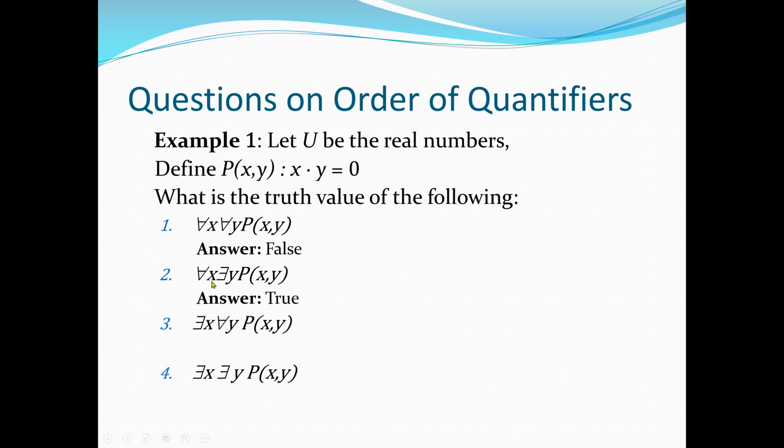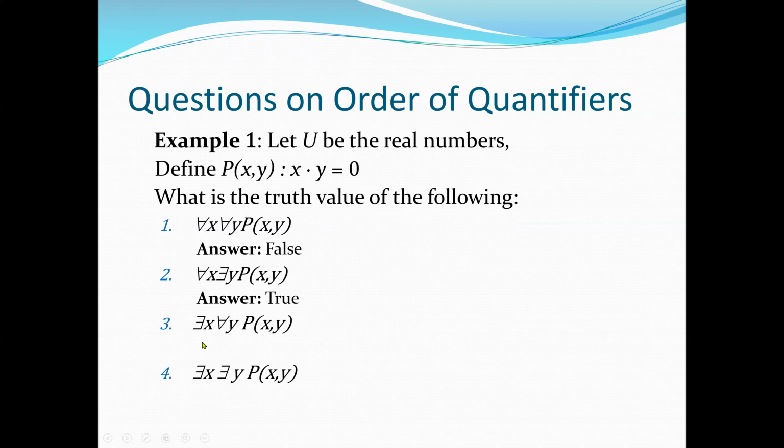But this time, this will be correct, because we know for every x there exists y, not all y. So the y can be only 0. So any x value times 0 will give me 0. So this condition will be true. So that's why we have true.